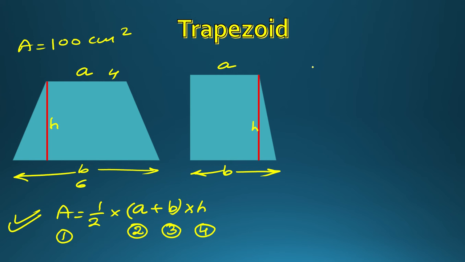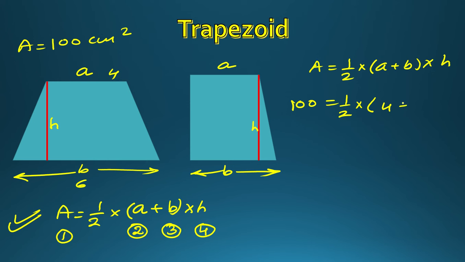Again you start with the same formula: area is equal to half times (A plus B) times H. I am taking this question because many students asked how to find the side if the area is given. So 100 is equal to half of (4 plus 6) times H, which is half times 10 times H. Now 10 divided by 2 is 5.